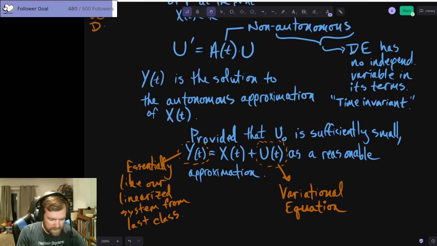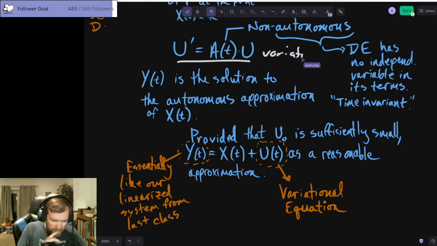But what does happen throughout this whole process is, given the system that we have, given that x of t is a solution, u of t is going to be the solution to the variational equation above, u prime equals A times u, given that they also have an initial point at t0 of x sub 0, u sub 0.